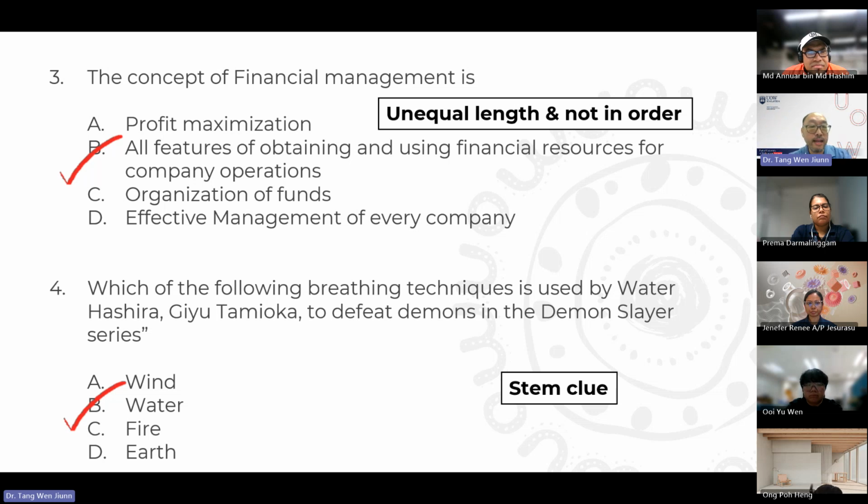Like this one is short, long, short, long. In terms of design, it's not that pleasant. So when you have the answers, if B is the answer, and it looks like a proper sentence, A, C, and D should be the same length as well. It cannot be short and then B is the odd one. Something to take note.